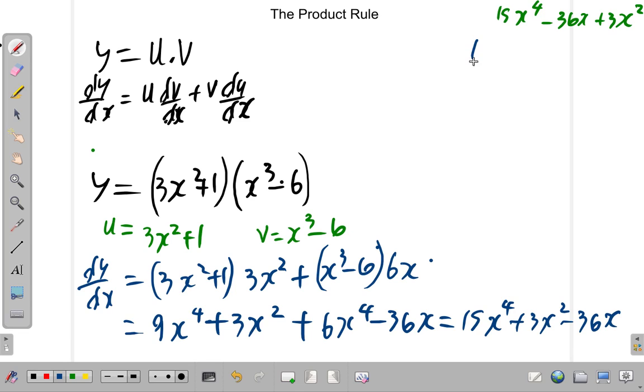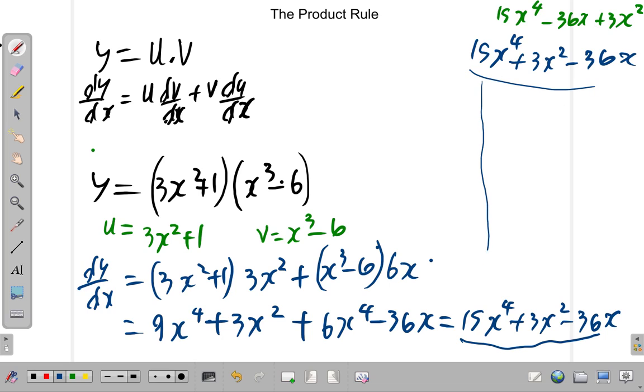If we rewrite this as 15x to the fourth and put the powers of x in order, plus 3x squared minus 36x, we have this and we have this. 15x to the fourth plus 3x squared minus 36x. Right, same thing. So the product rule works in this case.